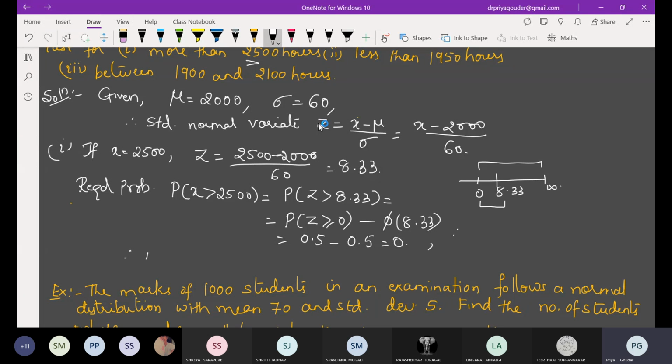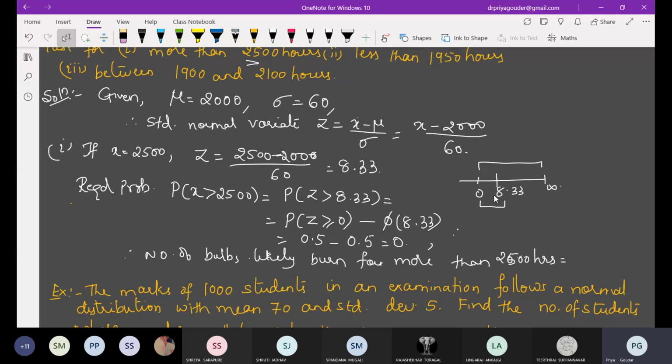So you can say, therefore, the number of bulbs likely to burn for more than 2500 hours, the probability value is 0.